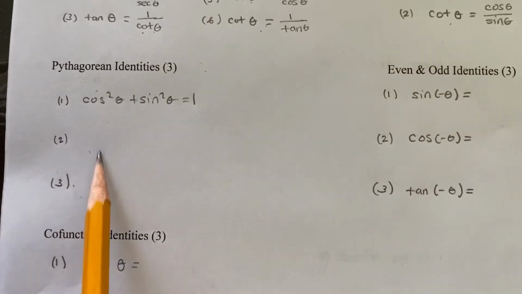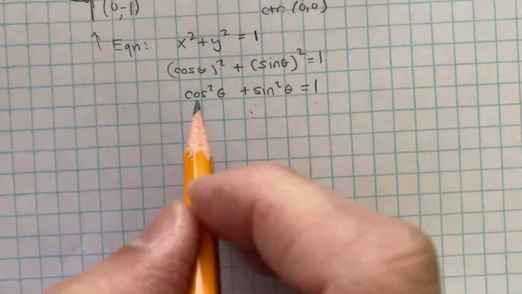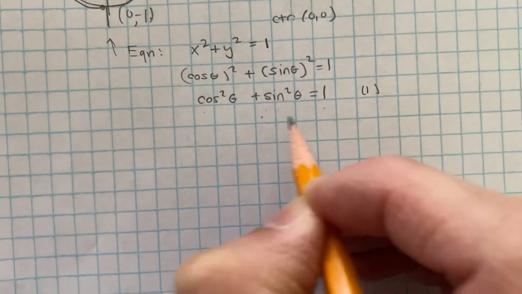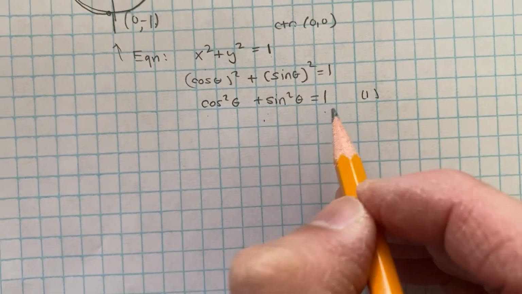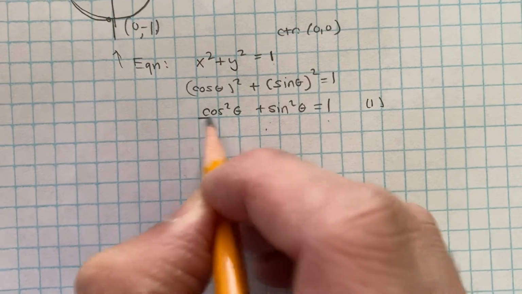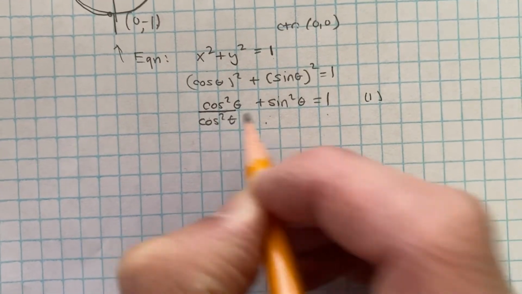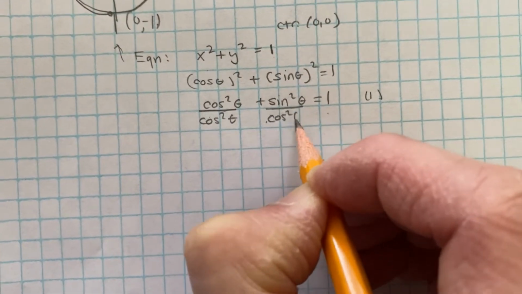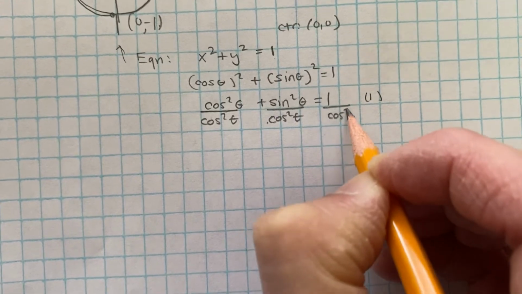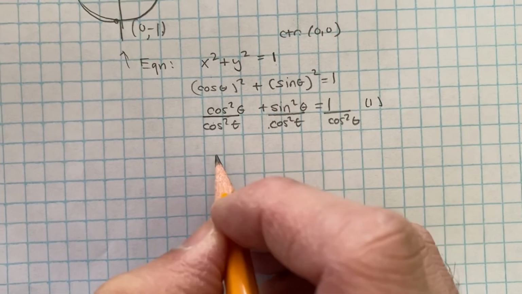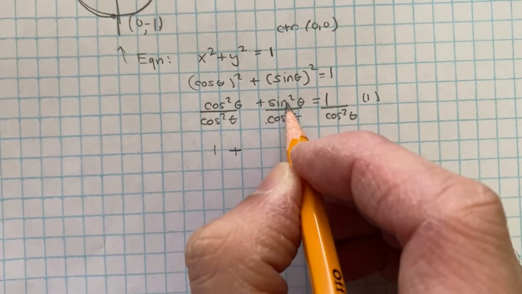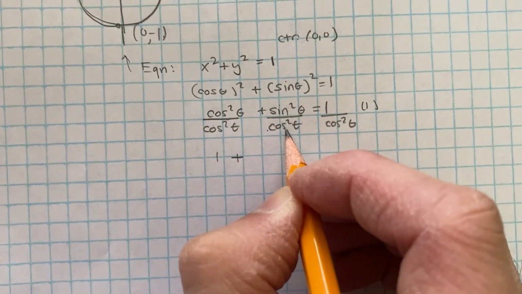Okay, so how do I get the remaining 2? What I would do over here is divide everything by cosine squared. And over here, if I divide everything by cosine squared, I'm going to get 1, plus sine squared over cosine squared.